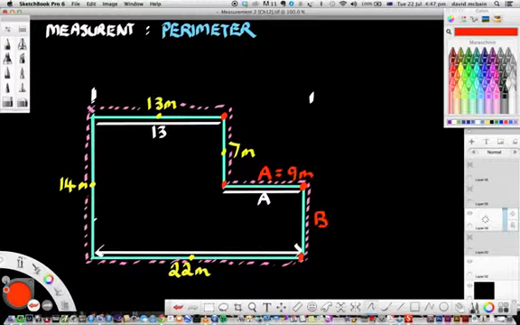So B plus 7, this side plus 7 must equal 14. So B plus 7 must equal 14 metres. So what plus 7 equals 14? Well, the answer is 7. So B must equal 7.